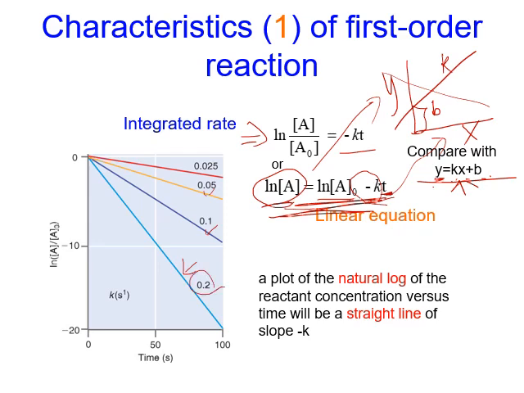When you increase k, the slope becomes steeper. This is the first characteristic of the first order reaction: the natural log of concentration as a function of time is linear, and the slope is negative k.